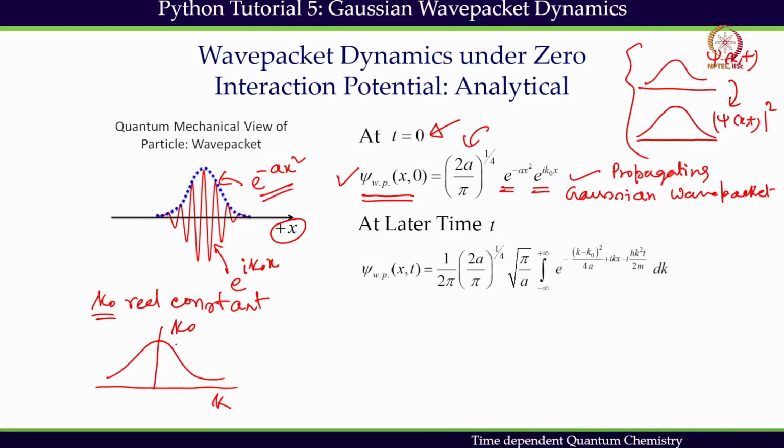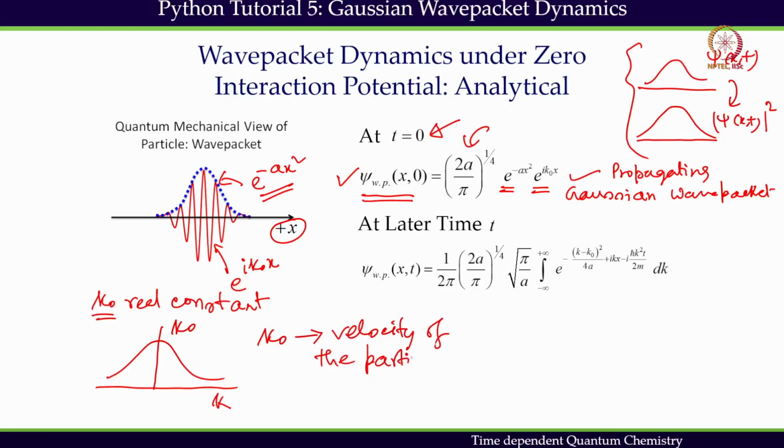All these consequences and features of a wave packet are known to us already based on the Fourier transform discussion we had previously. And we also know that this k naught defines the velocity of the particle.